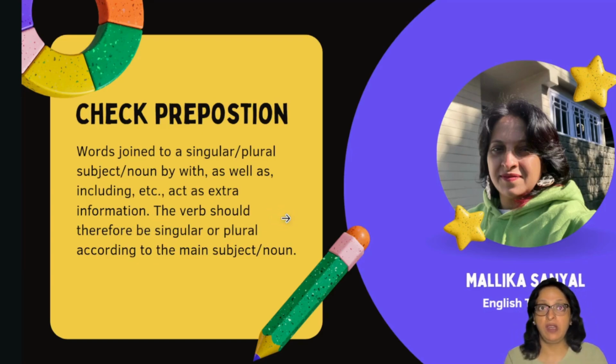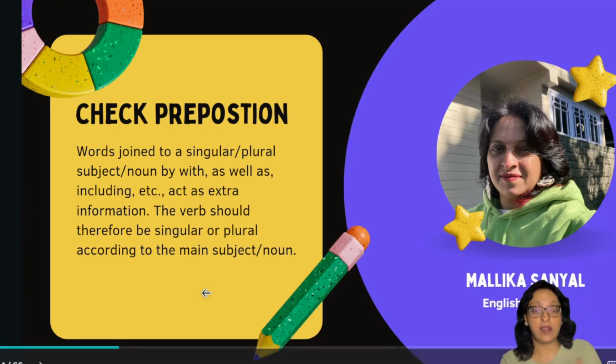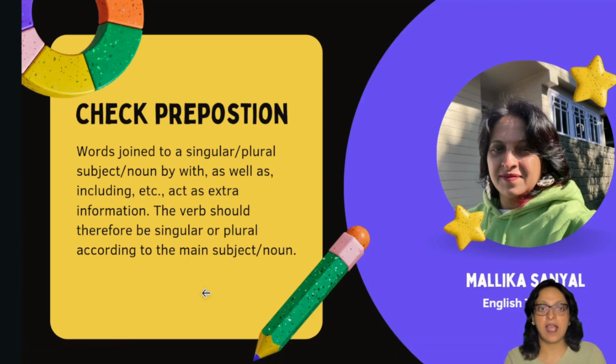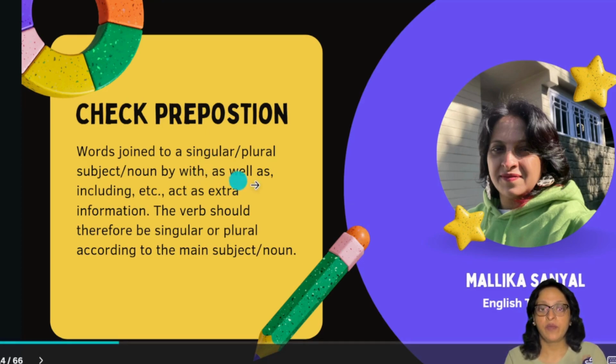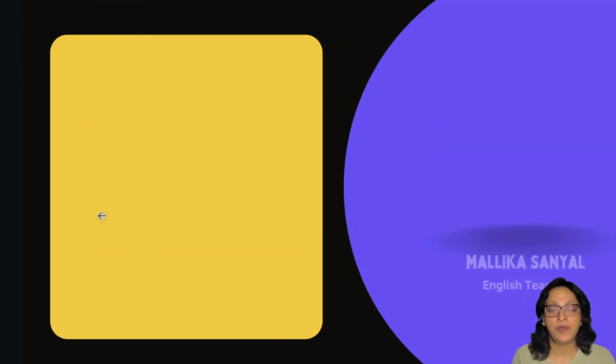They don't mean two subjects. The verb should therefore be singular or plural according to the main subject or noun. So if there is a sentence that has with, as well as, or including, then we have to check and find out which is the main subject here. Let us find out how.